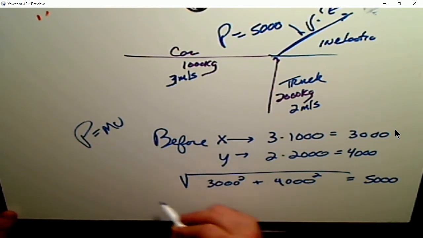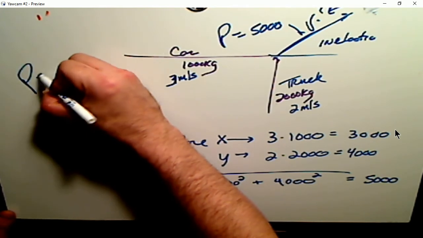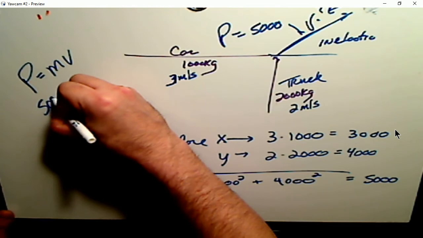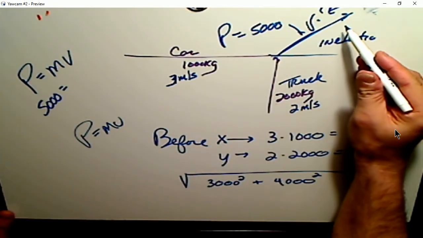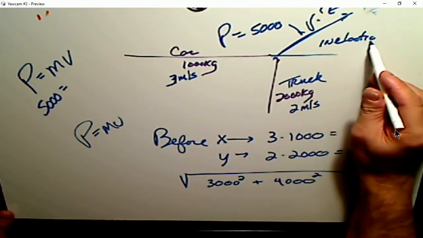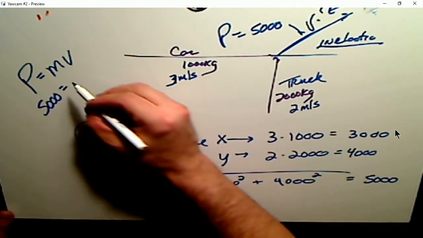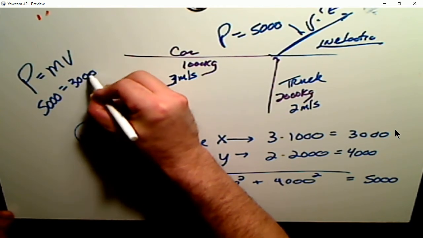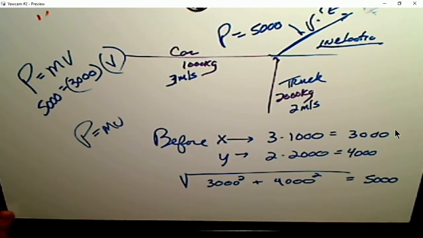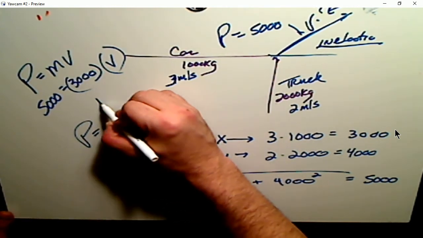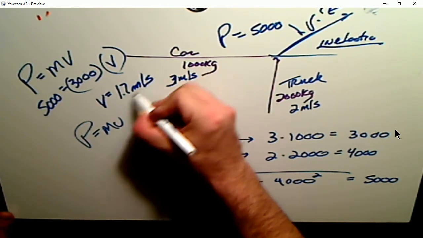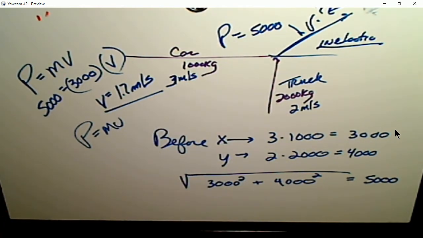So, if momentum equals mv and it's 5,000, we can figure out the velocity knowing that they both stuck together, so it's a total mass of 3,000. Velocity is about 1.6 meters per second of the resulting mass.